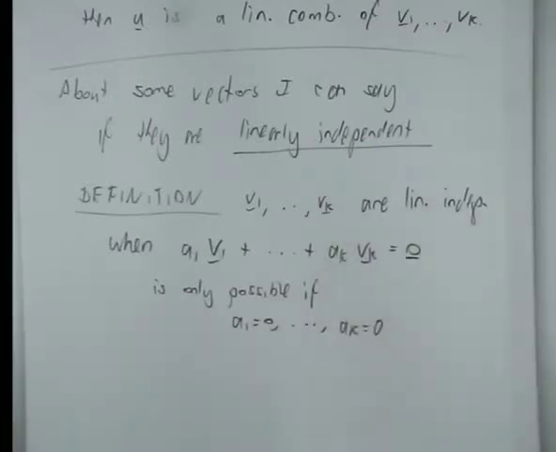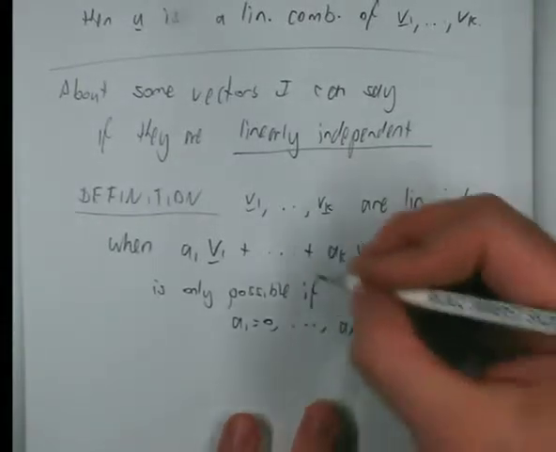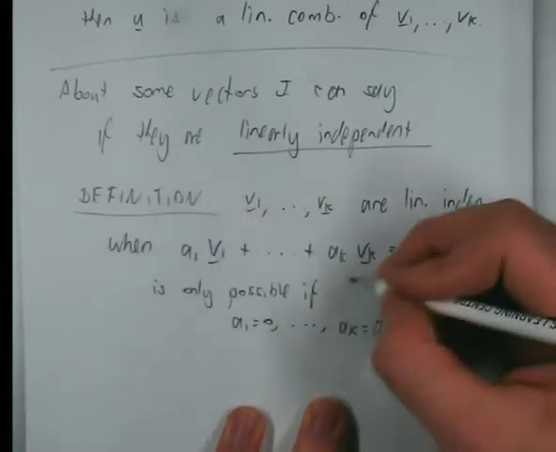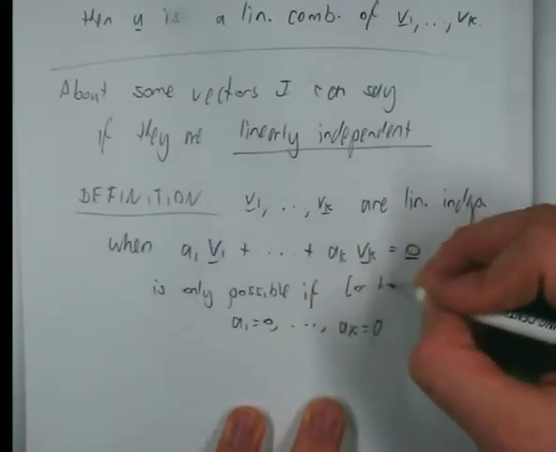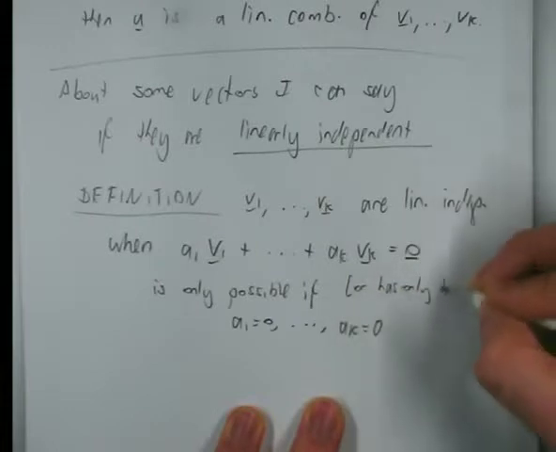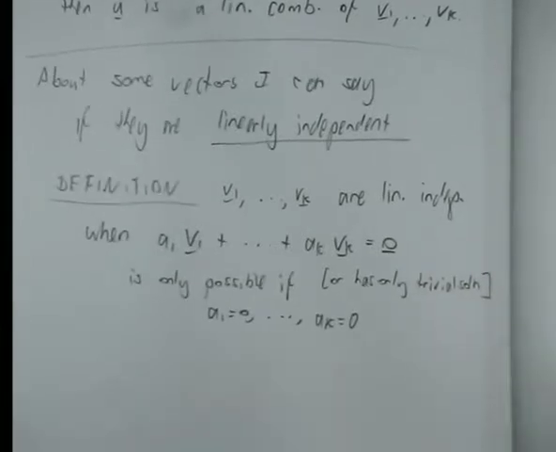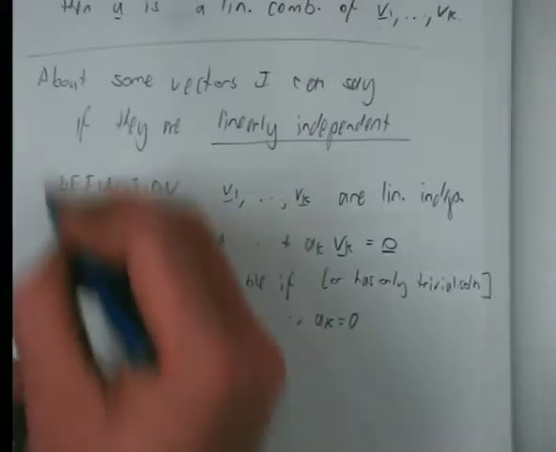That's one way of saying it. The other way of saying it is to say that it has only the trivial solution. Okay? That's the definition. If you're ever asked what the definition of linearly independent is, well, that's what it is.